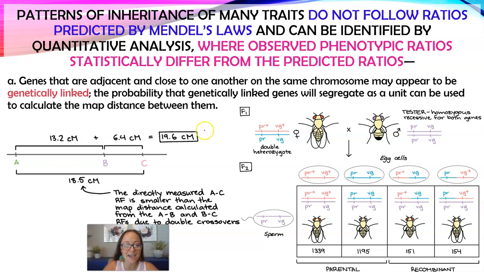But when you look at finding map distances, first off, genes being inherited on separate chromosomes is Mendel's Law of segregation, and then Mendel's Law of independent assortment, that these traits do not influence each other when inherited.